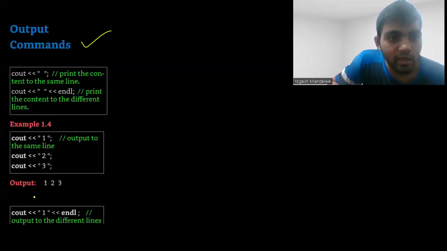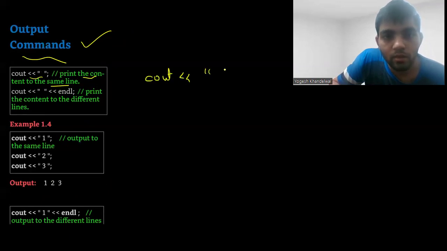Next we will discuss output commands. See cout: this prints the content on the same line. If you use it like this only, it prints the content on the same line. For example, cout 1, then cout 2, cout 3. Here I am writing three commands for printing 1 2 3, and they print on the same line like this.